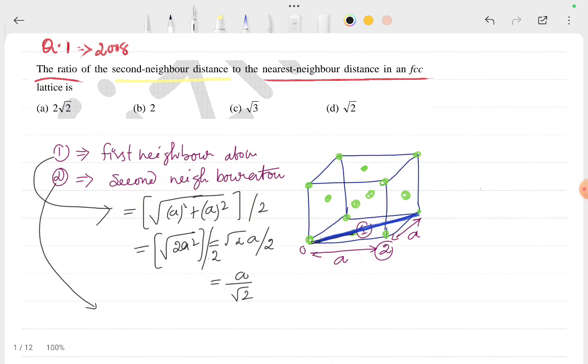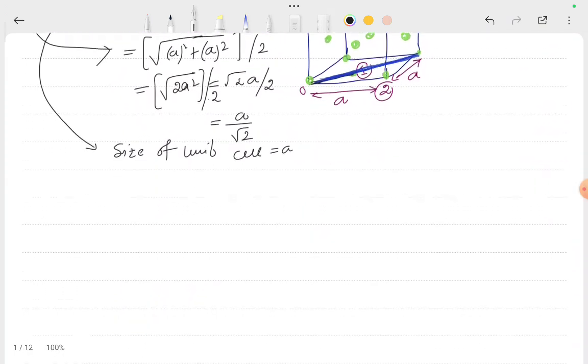The second near distance is nothing but the size of the unit cell, which is equal to a. Now we calculate the ratio of the second near distance to the first near distance.